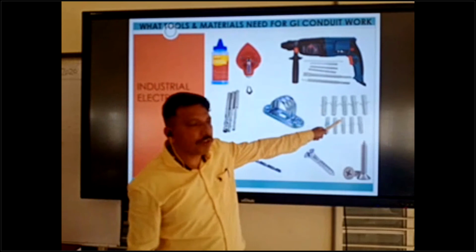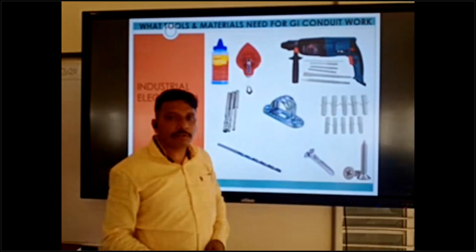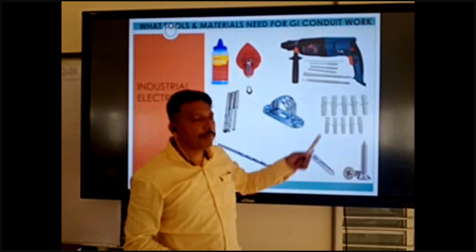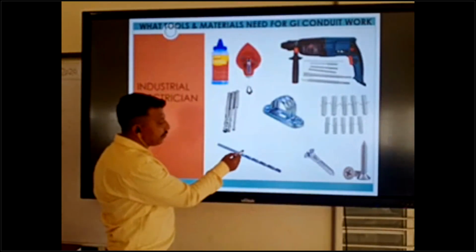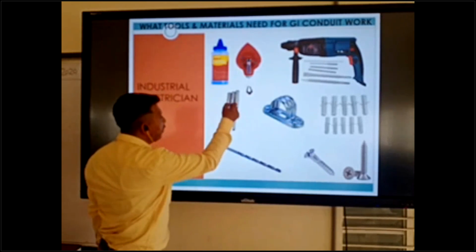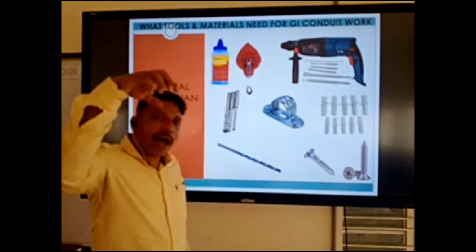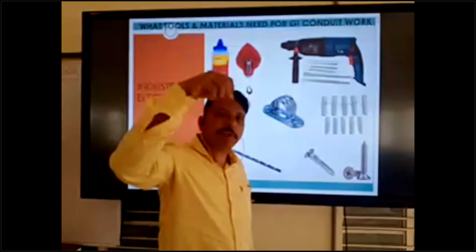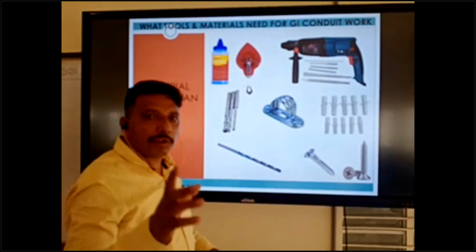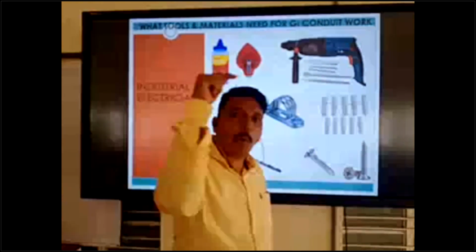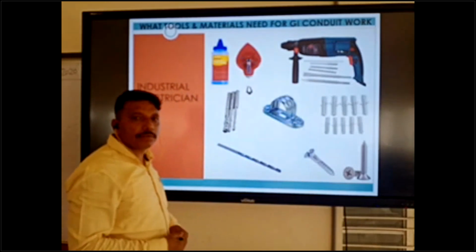This is 8 mm; you use 8 mm as per the size of the PVC rawl plug. And this is the drill bit and this is the concrete bit. Drill bit is used for iron or metal. Concrete bit is used for slab or wall drilling.